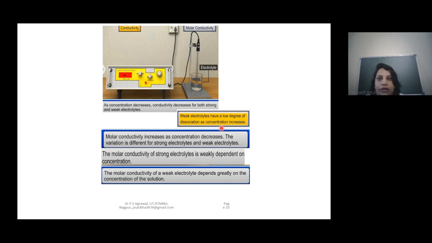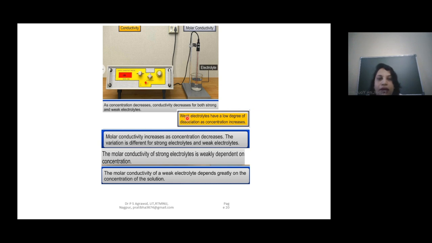Now, this is the actual experimental arrangement which we perform in the laboratory. So the points to remember: as concentration decreases, conductivity decreases for both strong and weak electrolytes. Weak electrolytes have a low degree of dissociation as concentration increases.